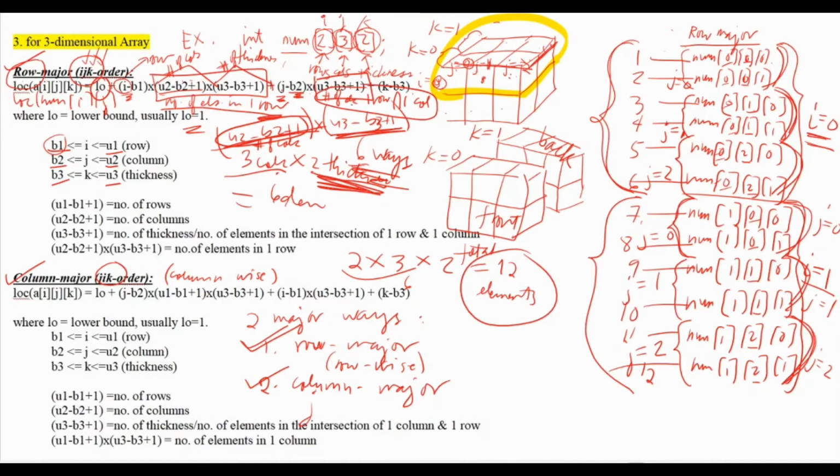Take note, the intersection of one row and one column. This is one row and this is one column.